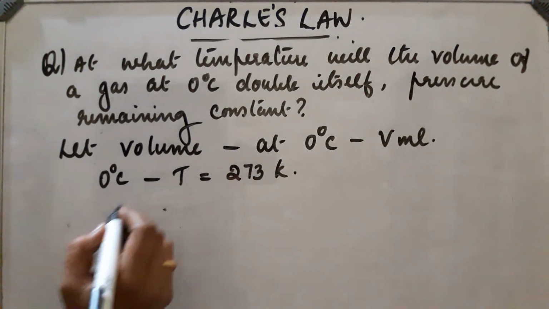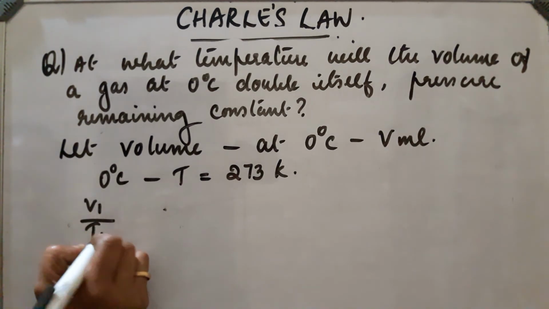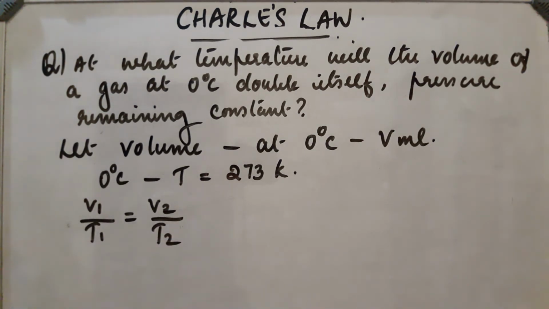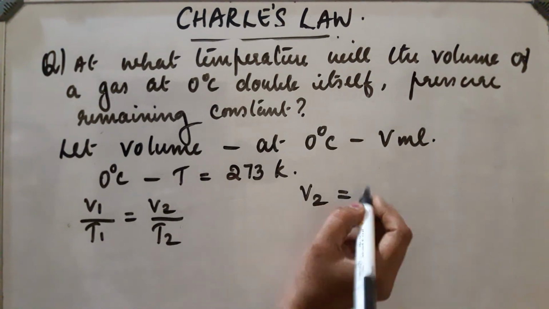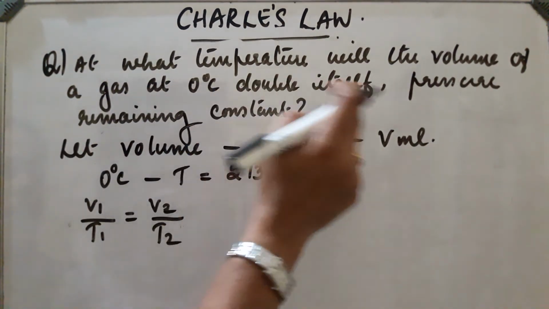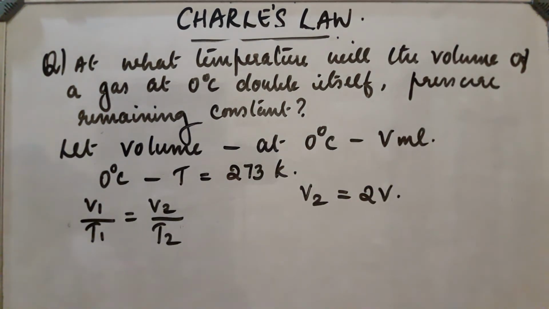According to Charles' law, V1 by T1 is equal to V2 by T2. The second volume V2 will be double, so V2 is equal to 2V.